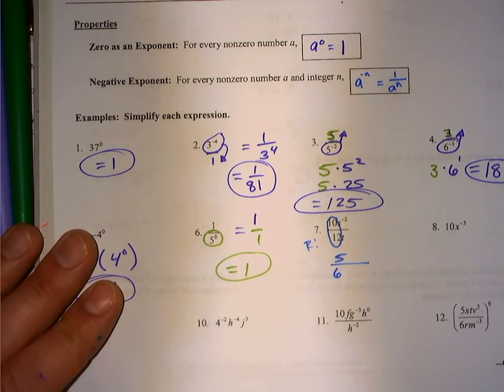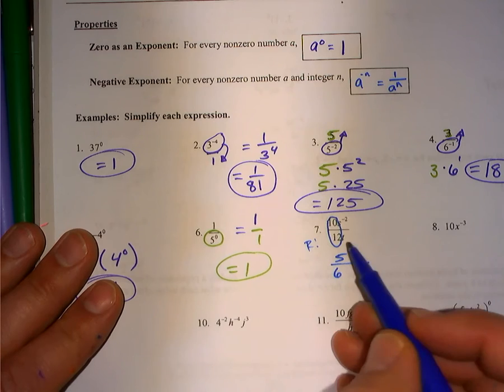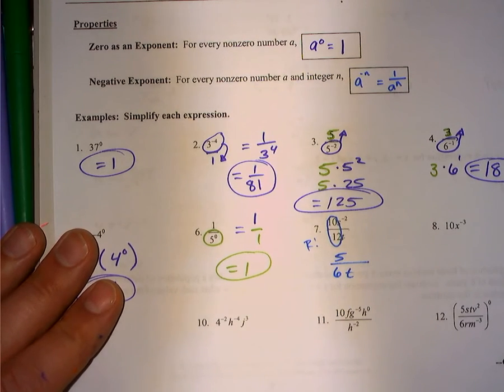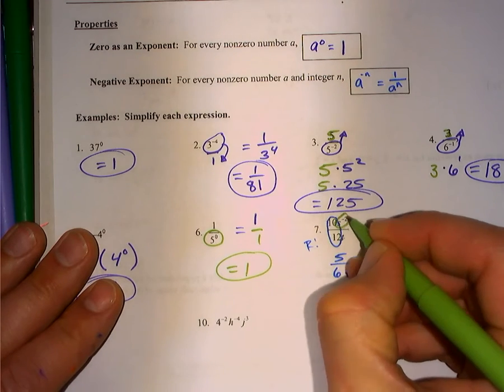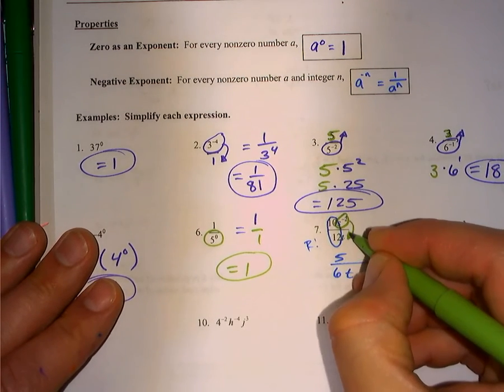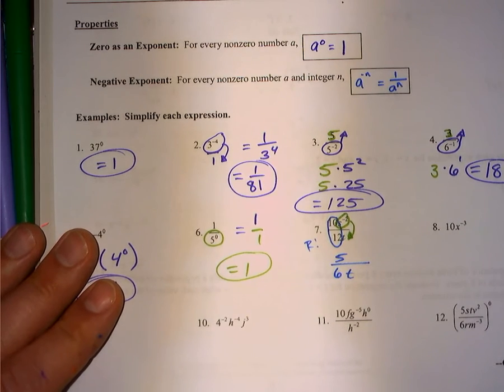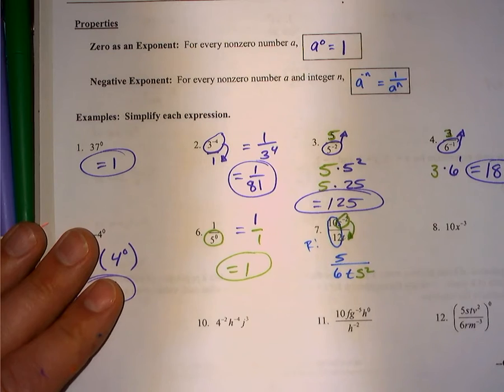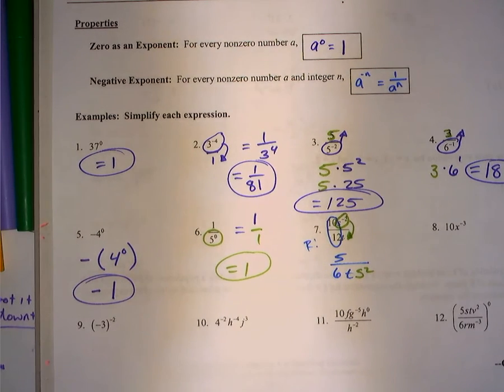So far, so good? All right, this t stays right there. The problem is I got this s. That guy's a negative s exponent. I got s to the negative second. We want to make that positive. So I shoot it downtown. So we end up with 5/6 t s squared.